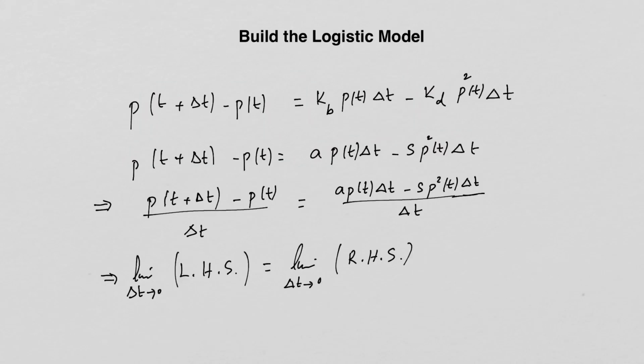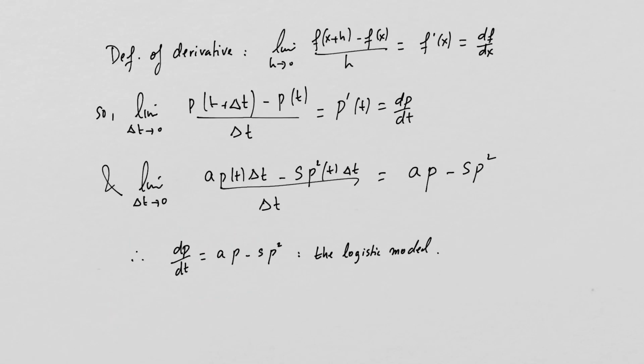And on the right-hand side, the delta t cancels. So before you take a limit, cancel delta t from both pieces, because these are not factors. You've got to factor out delta t and cancel. And you're going to get AP(t) minus SP squared(t), which is just that. Feel free to write this.